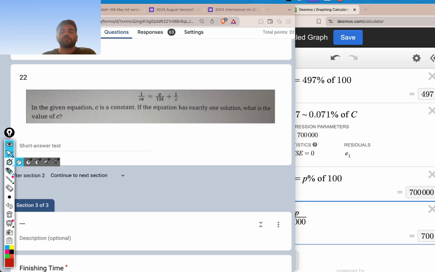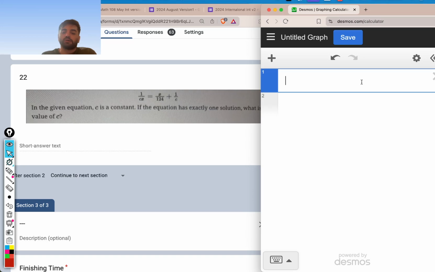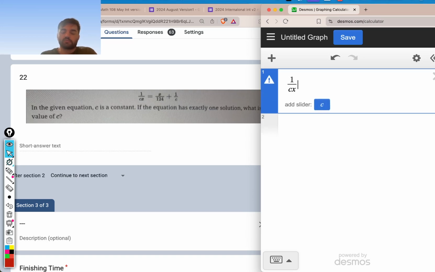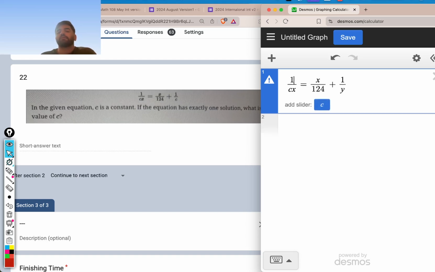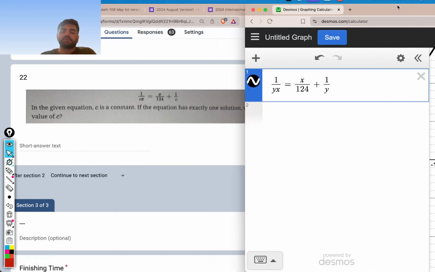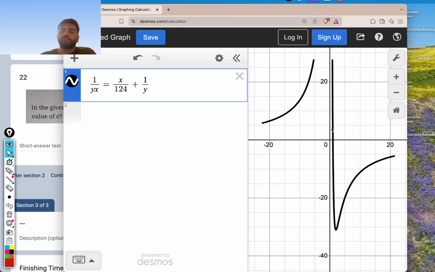For 22 we have this method, which is very good. You have to write exactly the same thing to Desmos. Then you can write c instead of all the constants. Then you have to look here. It says at what value of c there is one solution.